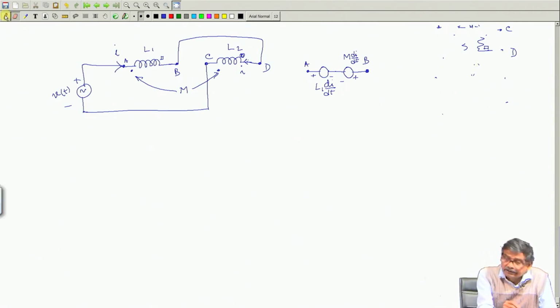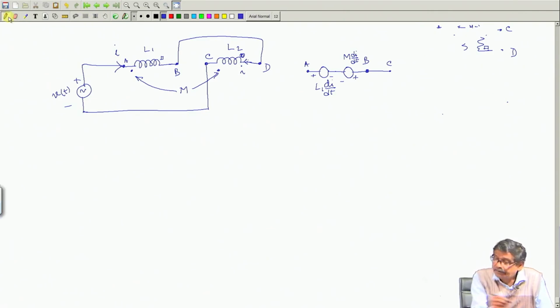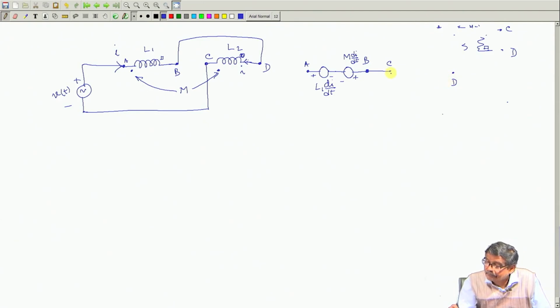I will go to the second coil, that is terminal C and terminal D. Between these two also there will be two sources.